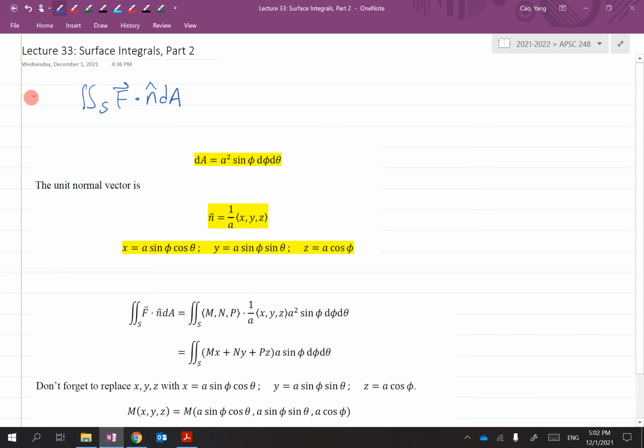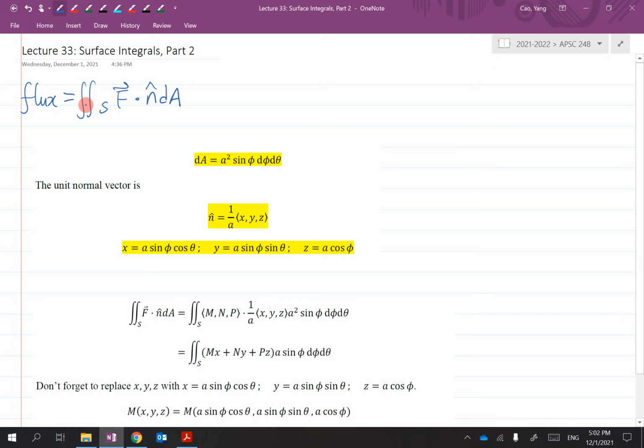We call this a flux, right? If you recall, it gives us a concept of flux, or how much of this quantity represented by this vector field F is going through a certain surface S in a unit amount of time. And it's a double integral because you're integrating over a surface.